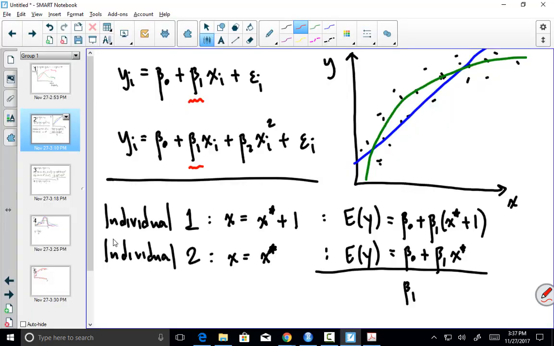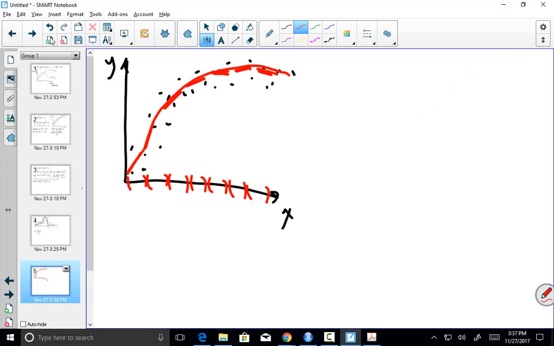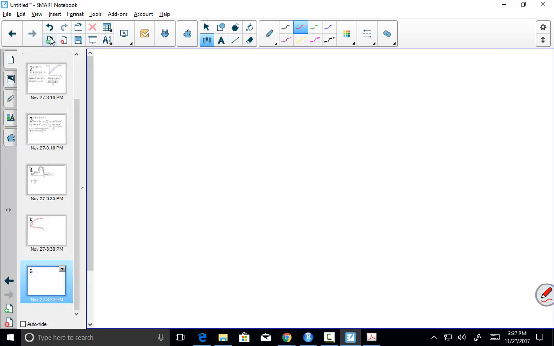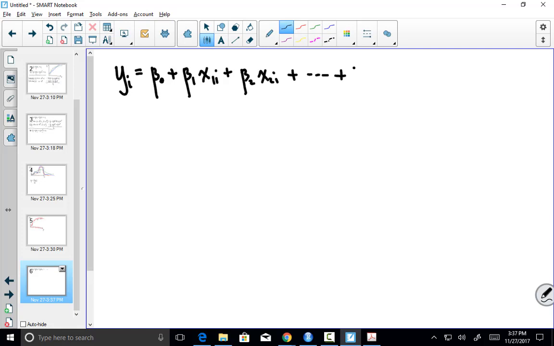If you've had a regression or a linear models class, you may be familiar with this type of model representation. Suppose we have this regression model: a numeric response, and let's say p numeric predictor variables.